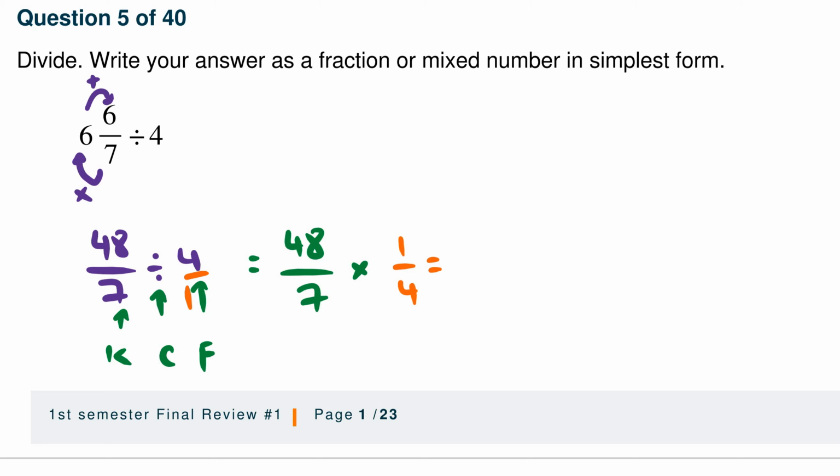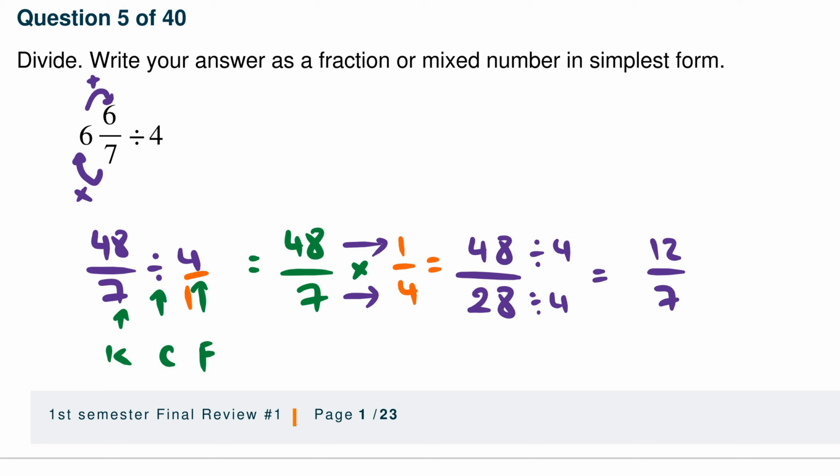So we multiply straight across, that will give us 48 over 28. 48 over 28, we can reduce it by 4. So that will give us 12 over 7 as the final answer.